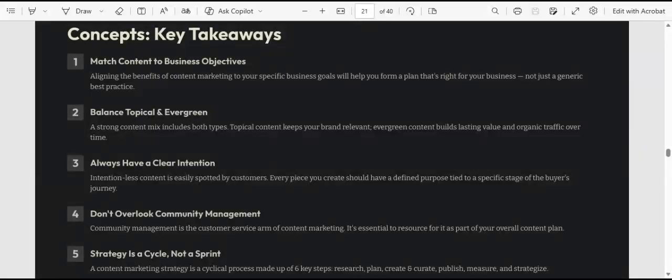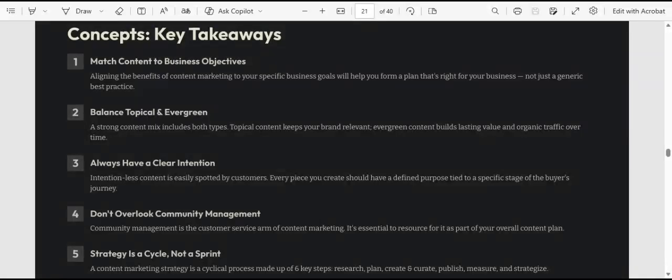You have to balance both topical and evergreen content. You have to always have a clear intention. Intentionless content is easily spotted by customers. Every piece you create should have a defined purpose tied to a specific stage of the buyer's journey. Then don't overlook community management.